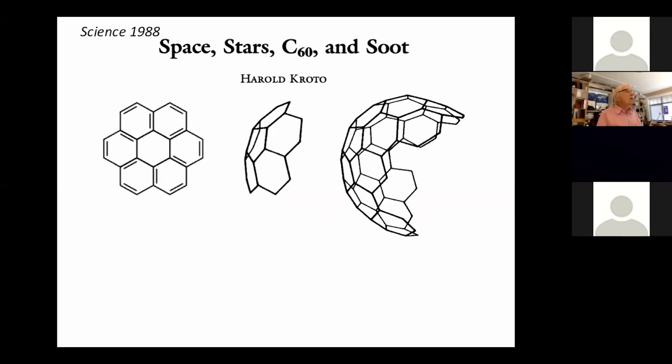So moving to this key paper in Science in 1988 by Harry Kroto, he pointed out that you could take a PAH, and instead of having a hexagon surrounded by 6 hexagons, if you put a pentagon in the middle and surrounded that with 5 hexagons, then you got a rigid, stable structure, but with curvature, which could then grow naturally into a sphere.